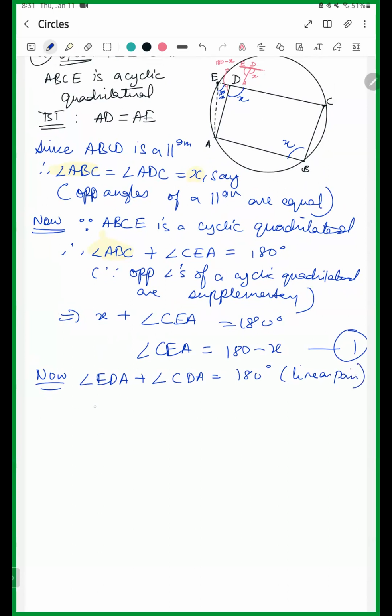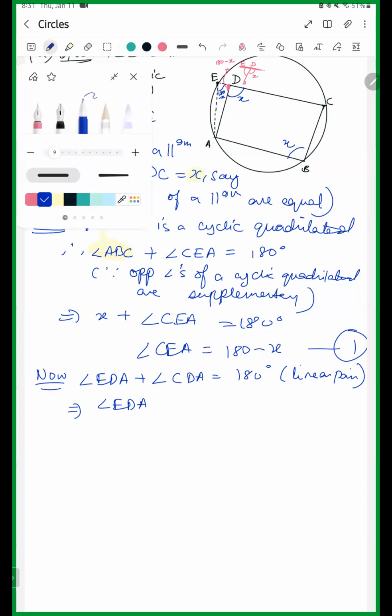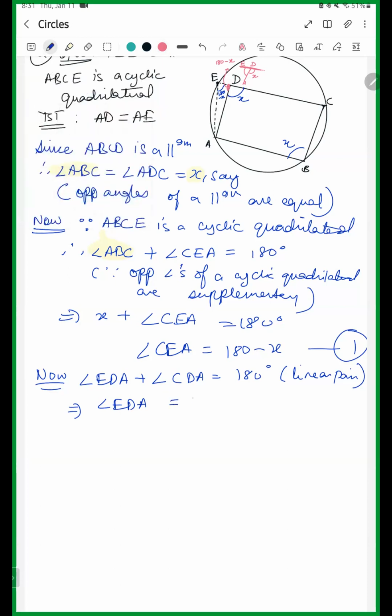So that implies angle EDA, which is the angle that is formed at D, this angle over here, the tiny one, which you're probably not able to see. Angle EDA is equal to 180 minus CDA. And what is CDA? That is X. So 180 minus X.